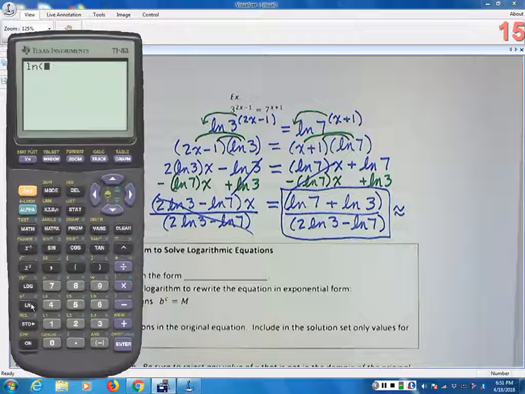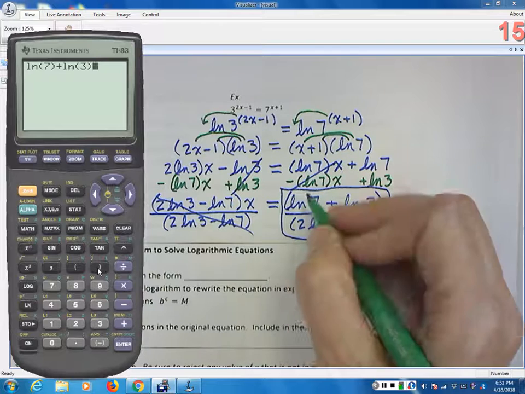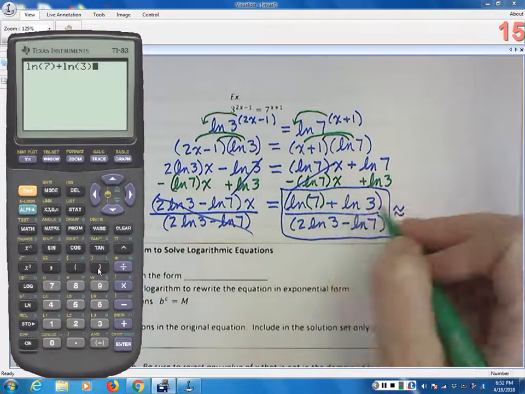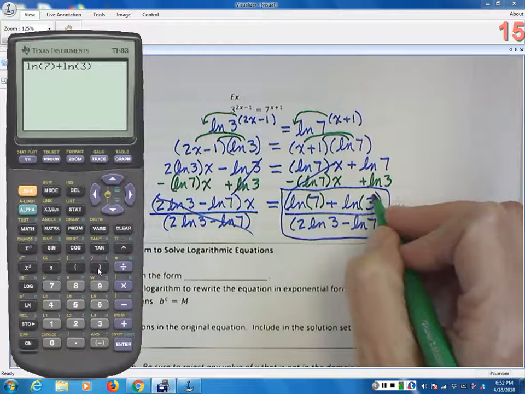Natural log of 7, close the parentheses, plus natural log of 3. It opens up a parenthesis, you've got to close it. That's the numerator. It opened up a parenthesis here, I had to close it. Opened up one here, I closed it.